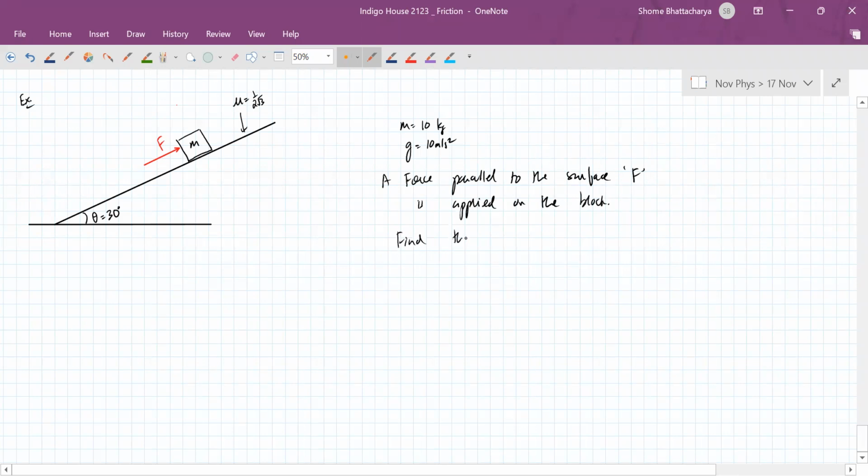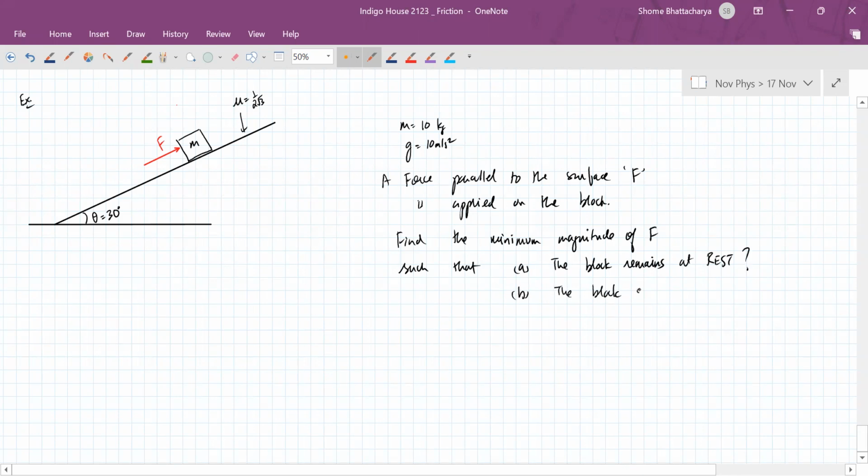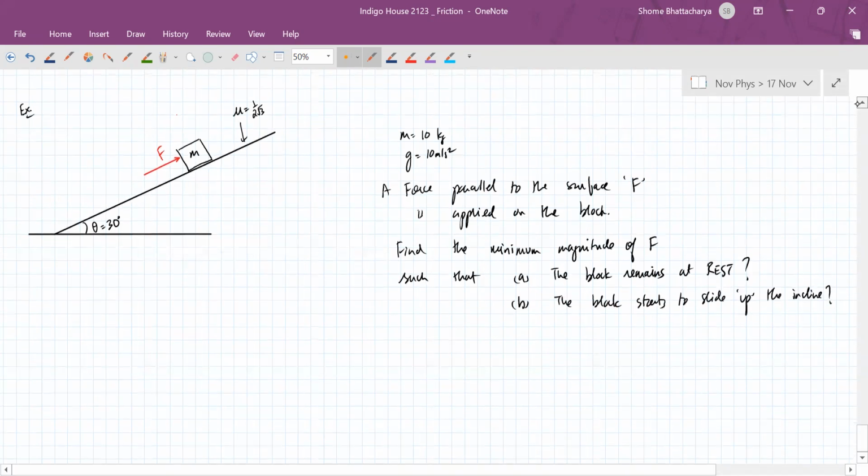Find the minimum magnitude of F such that the block remains at rest, and the block starts to slide up the incline. So two different situations. Okay, so we'll come back to the question.